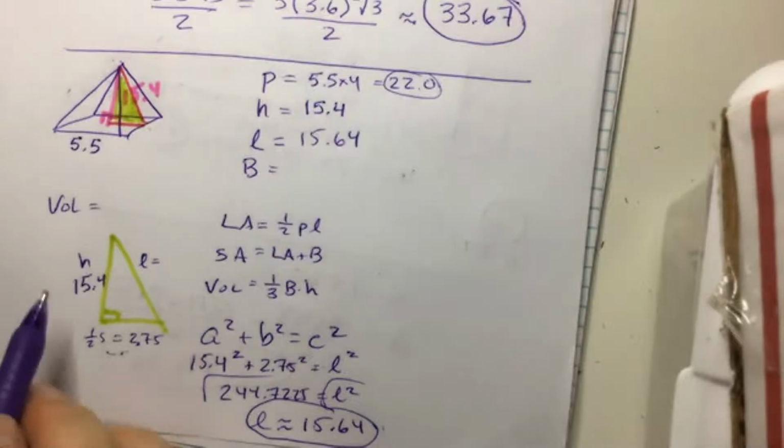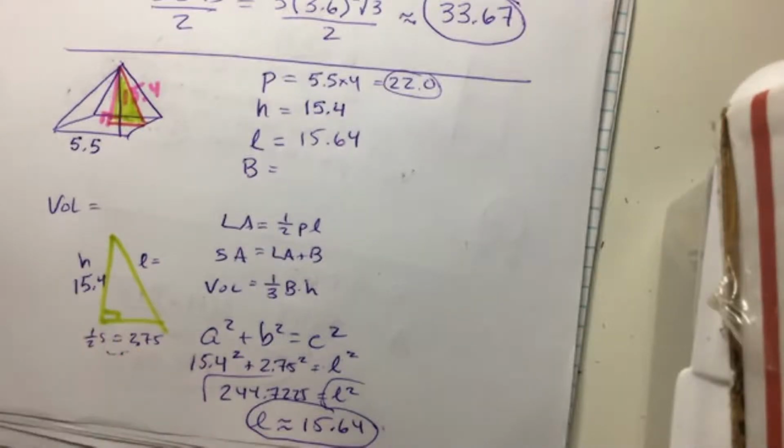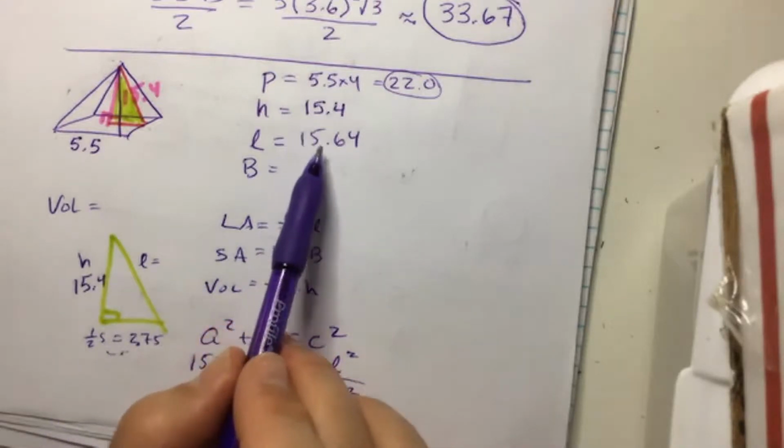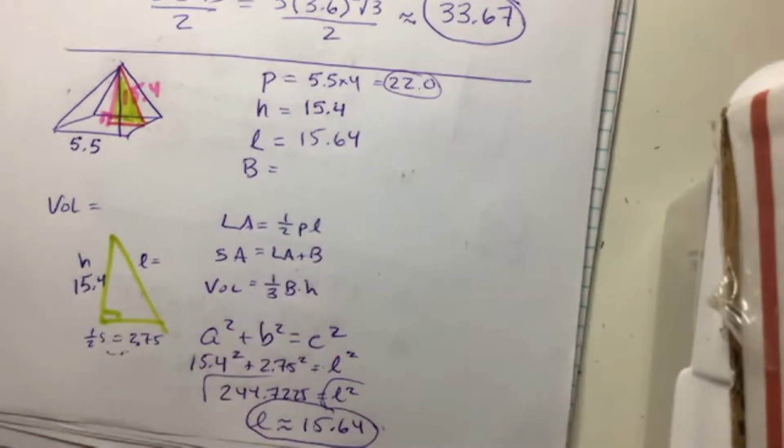Which of my three sides should be biggest? You guys remember that the hypotenuse is always the largest side in a right triangle? So my L has to be my biggest one, and whichever one of you was given the L, you better make sure that your H comes out smaller than L, or you've made a mistake somewhere.